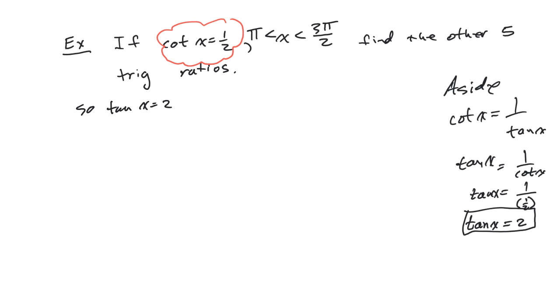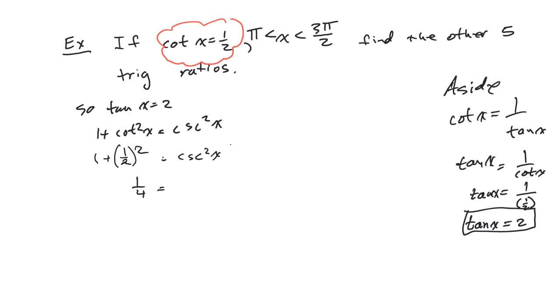So now let's go and try this next one. Let's use one of our calculations before. So you know that 1 plus cotan squared x, which is one of our Pythagorean identities, is equal to cosecant squared x. So we have the following: 1 plus 1 over 2 squared is cosecant squared x.